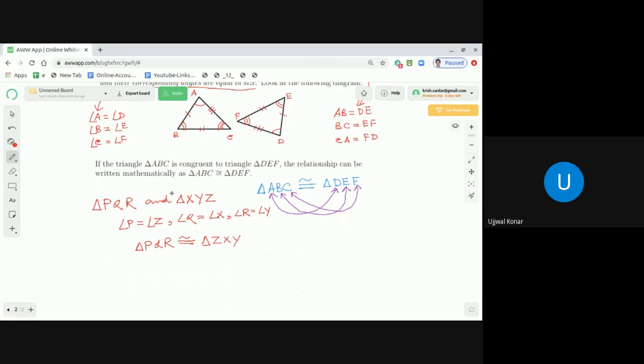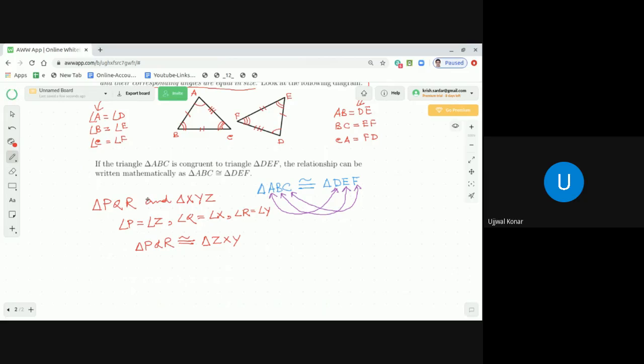And when we observe these two triangles, we conclude that angle P in the triangle PQR is equal to the angle Z in the triangle XYZ. Angle Q in the triangle PQR is equal to angle X in the triangle XYZ.